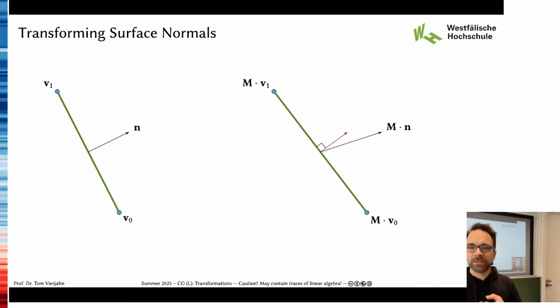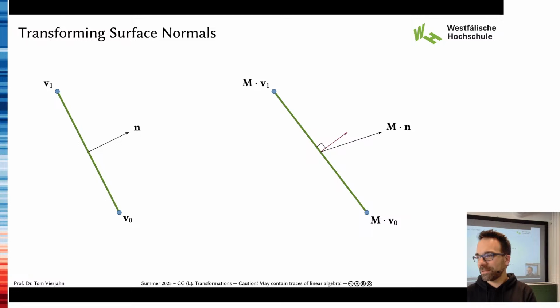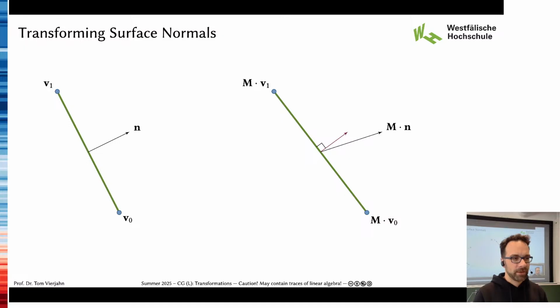Well, the good thing is this does not happen for rotation. This does not happen for translation, because you can't translate a normal, or you don't change a normal when translating it, because it's a vector sitting everywhere in space, basically. It doesn't happen for uniform scaling. It only happens for non-uniform scaling, where you say one direction scales differently than the others. And it happens for shearing.